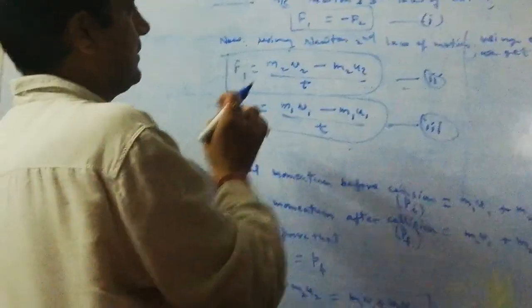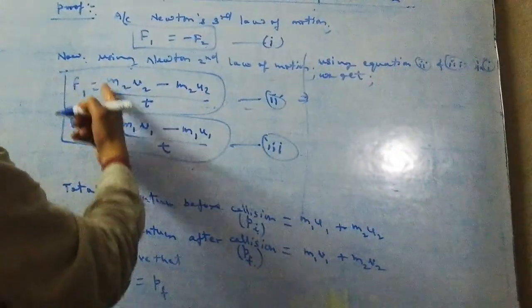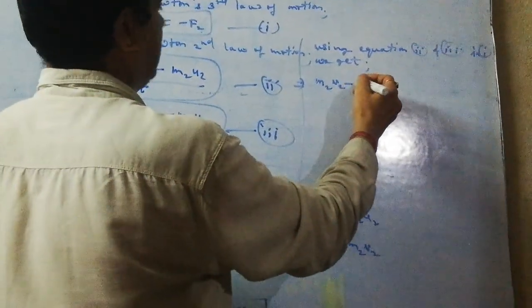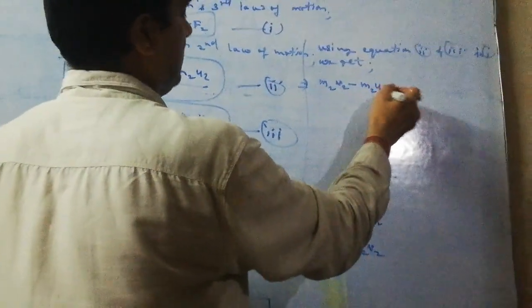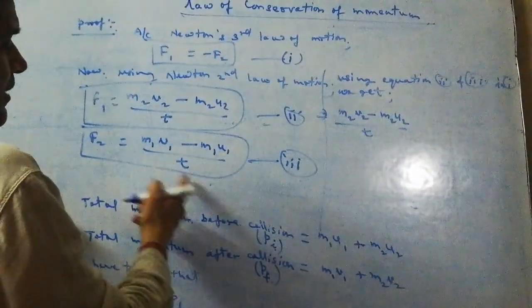what we get here. In place of F1 we write this, in place of F2 we write this.